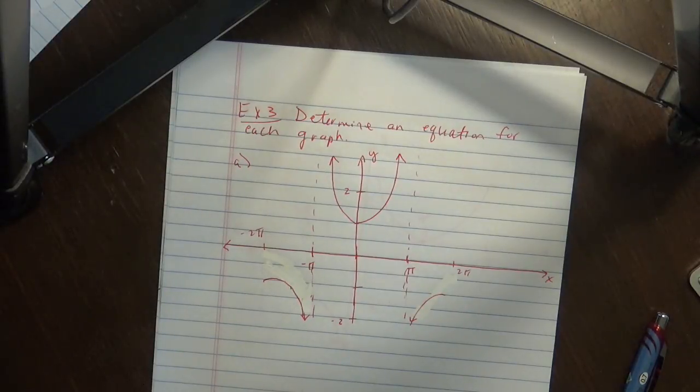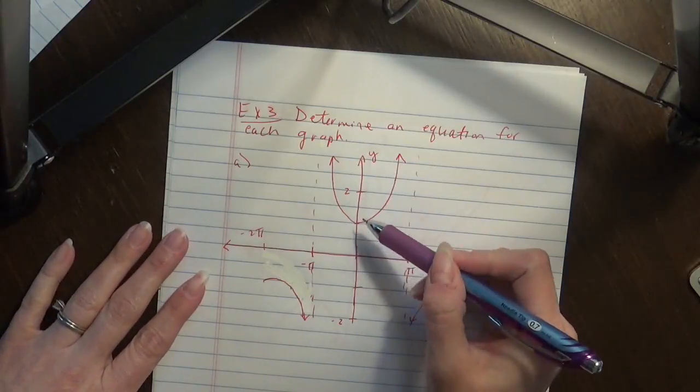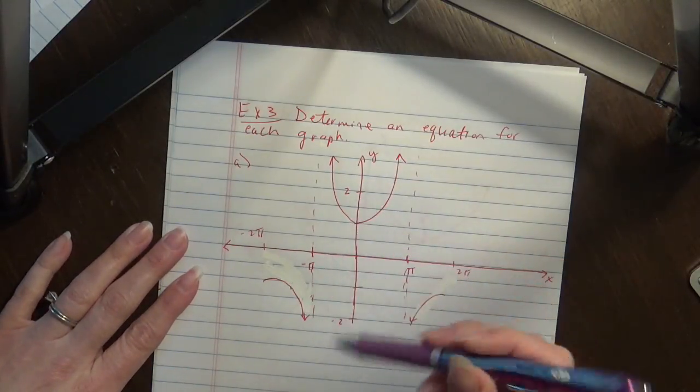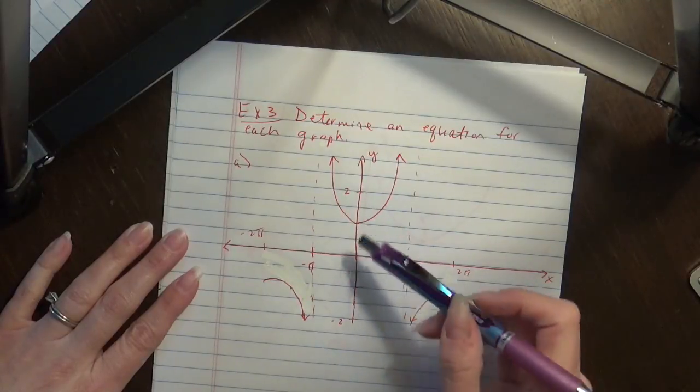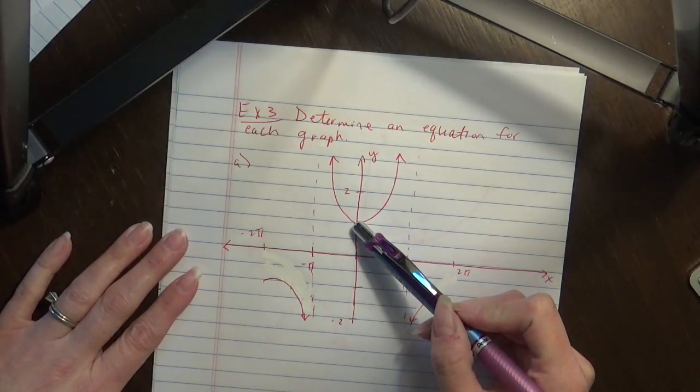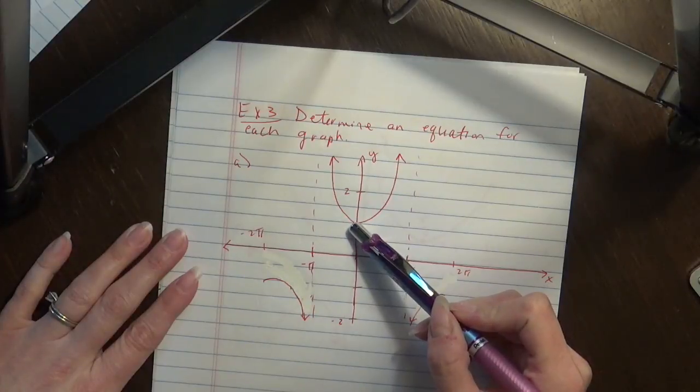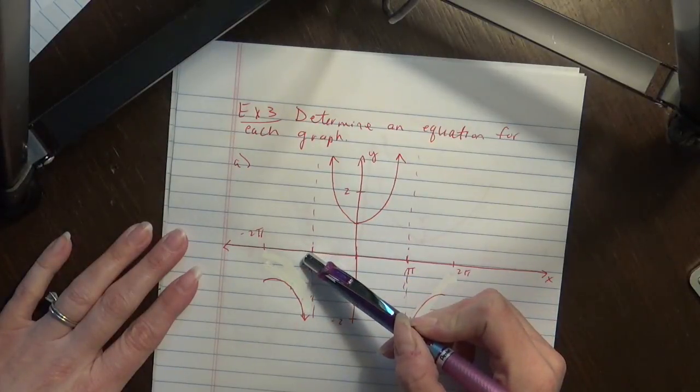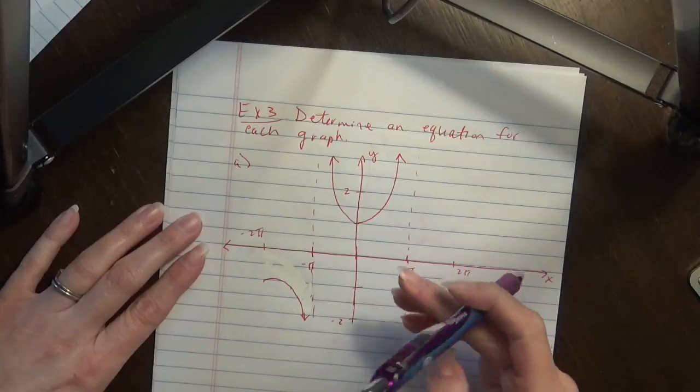But let's start by drawing the reciprocal function for this. So we don't know yet if it's a secant or a cosecant, but if I draw the reciprocal function for this, it should start here, and then it should come down like this. So it would touch here because there's an asymptote, so I know it's going to touch here.